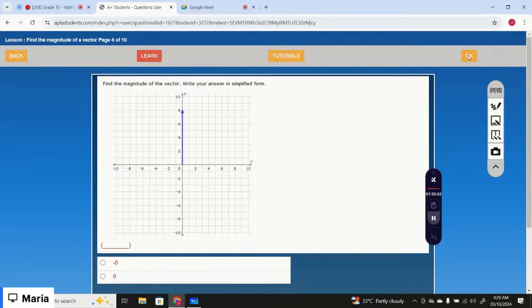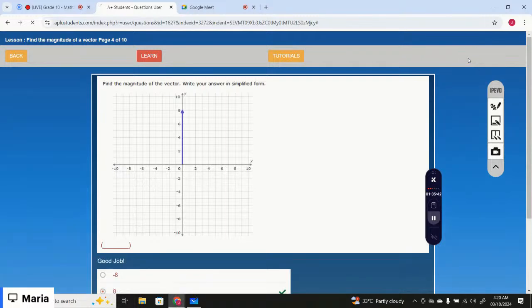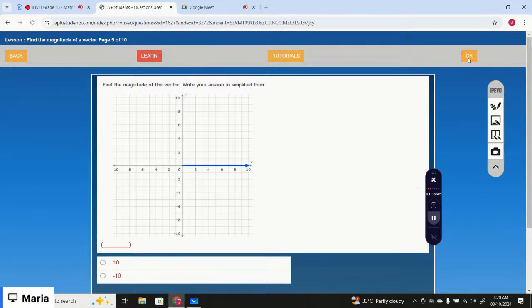The correct option is option number 2, that is 8. The magnitude of the vector is 8. Option number 2 is the correct option. Find the magnitude of the vector. Write your answer in simplified form.